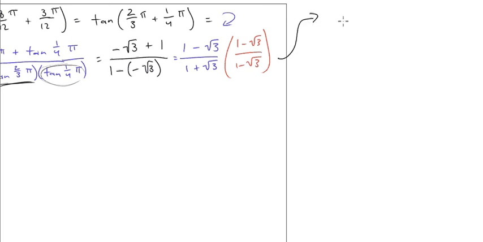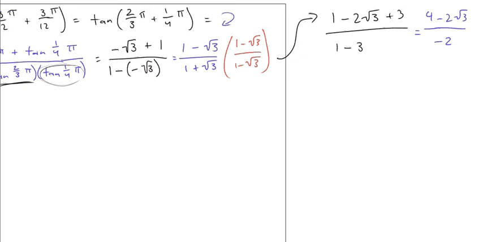That gives us 1 minus 2 times the square root of 3 plus 3, over 1 minus 3, which cleans up to 4 minus 2 root 3 all over negative 2.